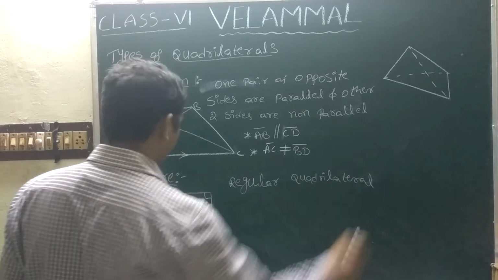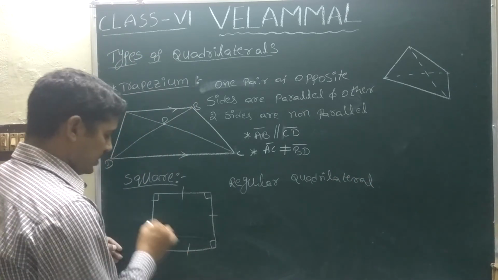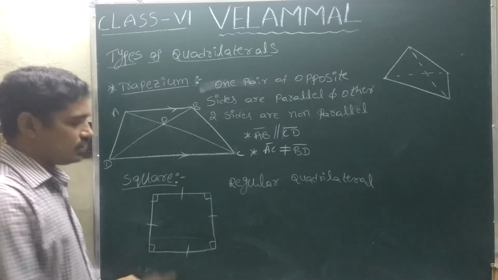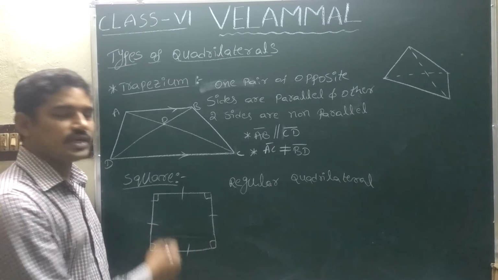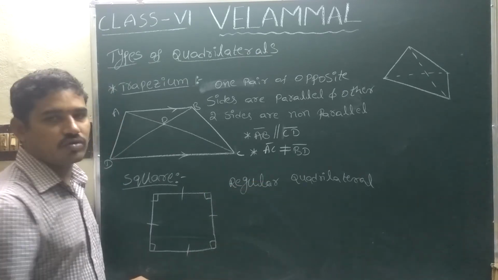If all sides are equal and all angles are equal, that is called a regular polygon. If there are four sides, we call this a regular quadrilateral.